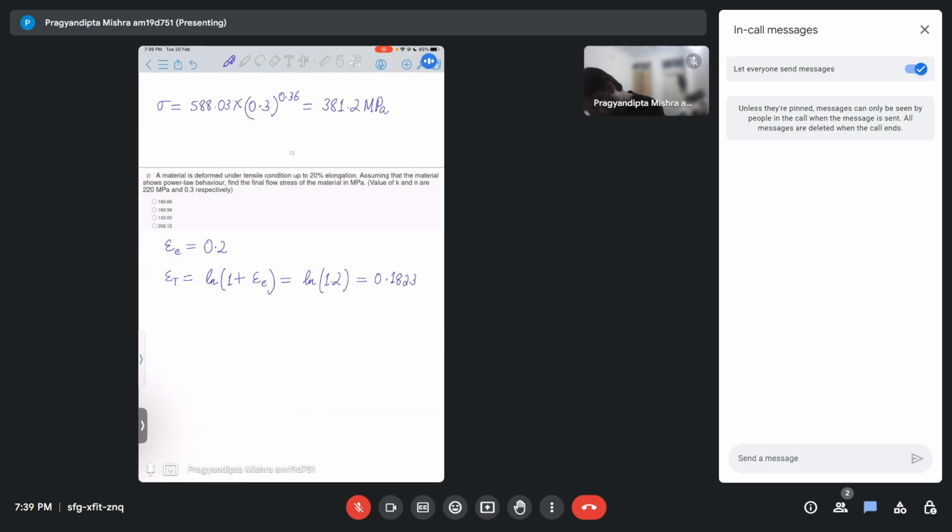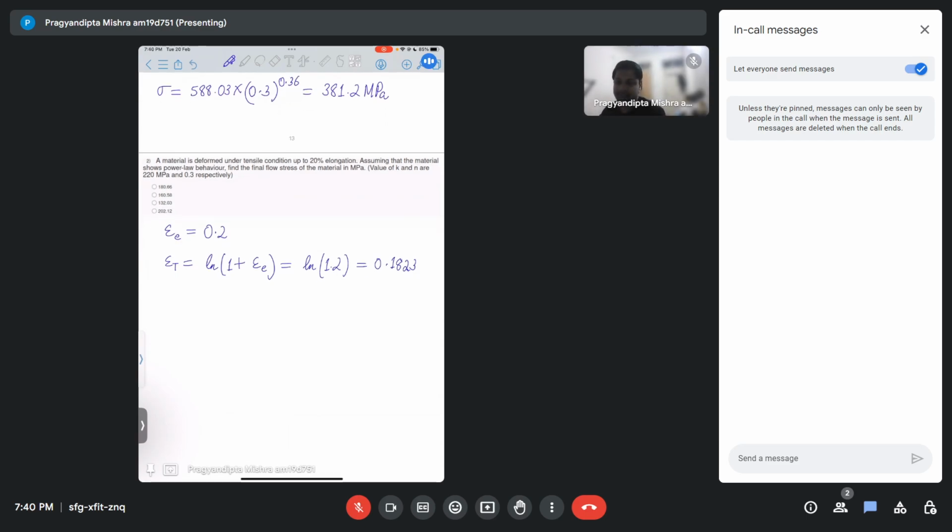With 4 decimals, 0.1823. So this is your epsilon.